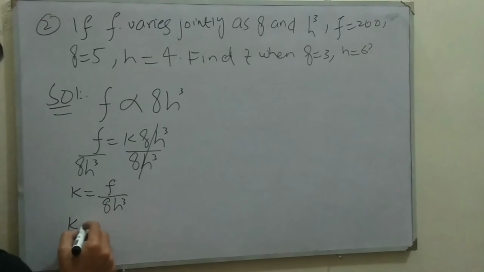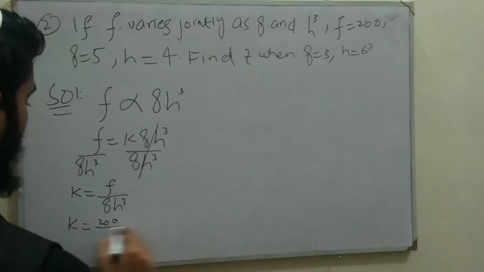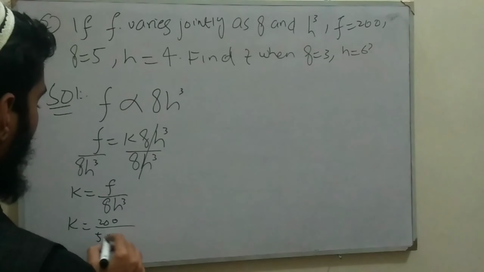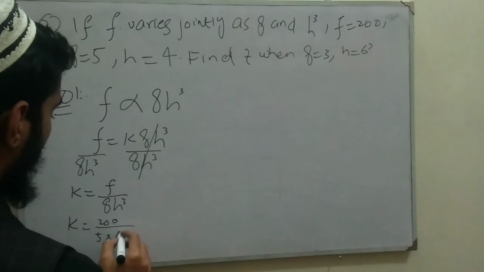Putting the values of f, g and h: f is 200, divided by g is 5 multiply h cube, so 4 cube. 4 cube gives us 64.